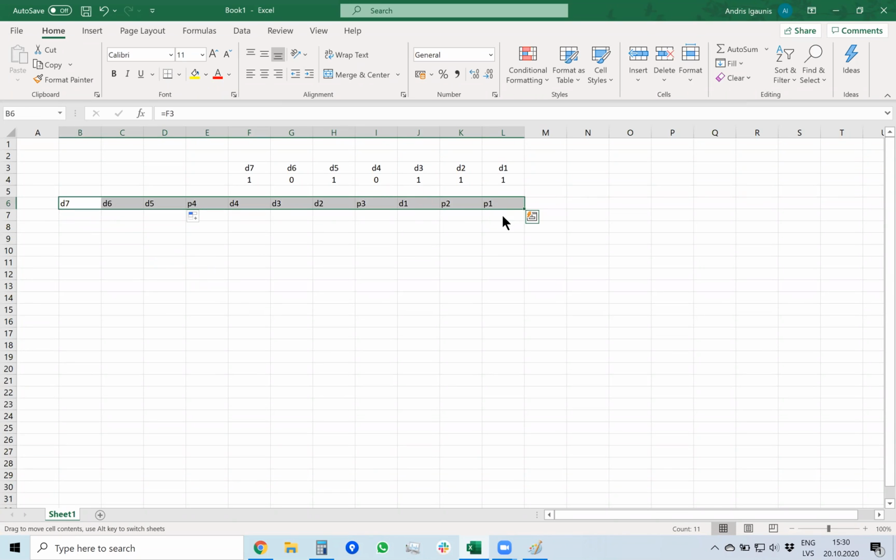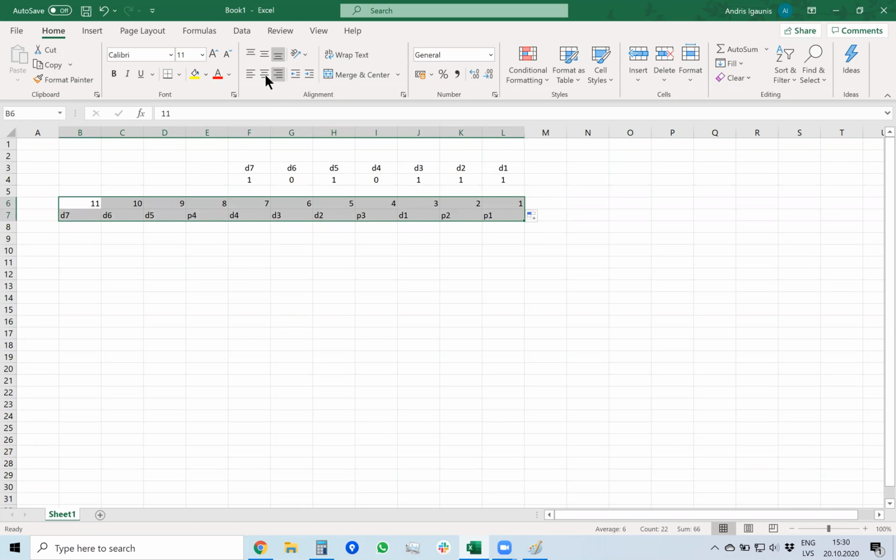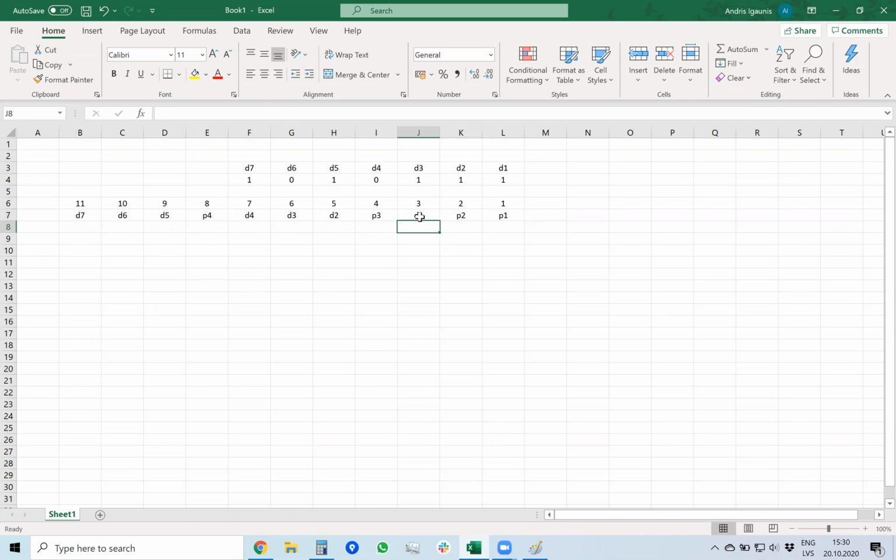So this is how we will send the data. And now I'll also write over them the bit positions, starting from 1 in this case. So this is 1, this will be 2, and up to 11.